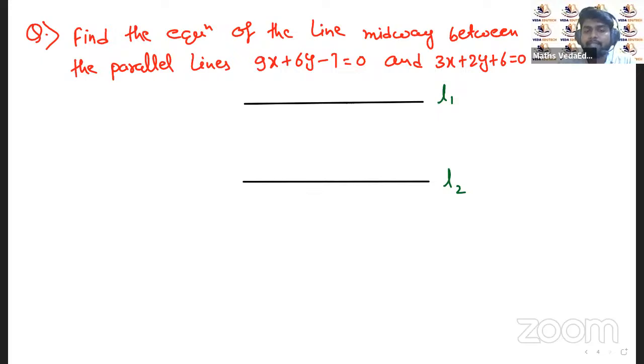The line will be somewhere here, and we can assume this line is L. Of course, the distance between L1 and L is exactly equal to the distance between L2 and L. Apply all those concepts and try to find this equation. You can take 2 or 3 minutes to solve this question.